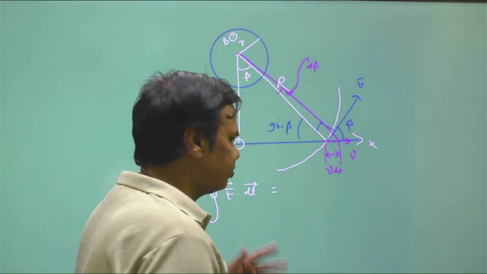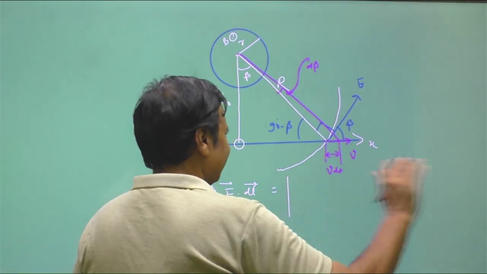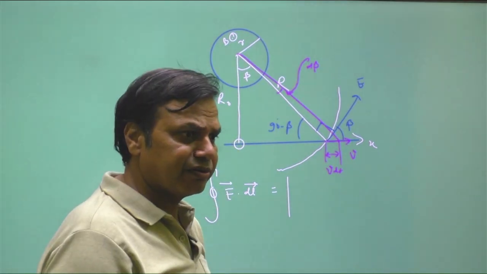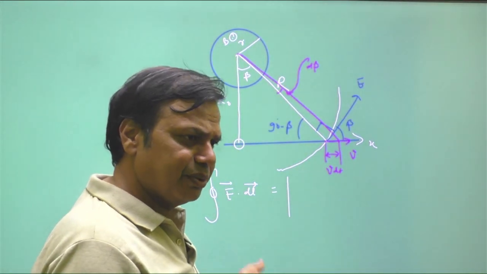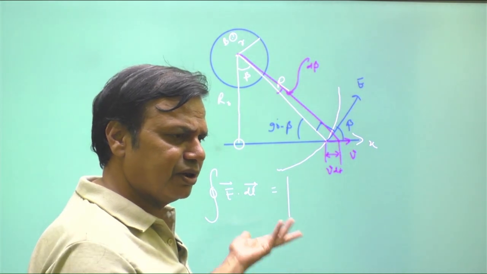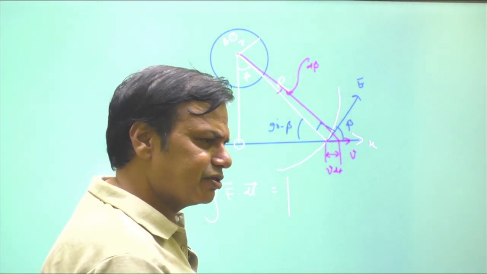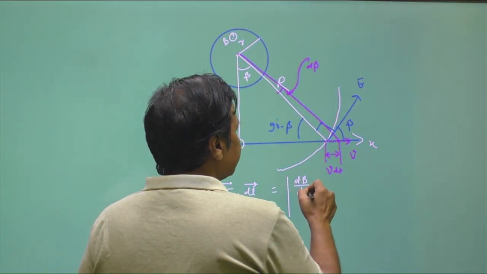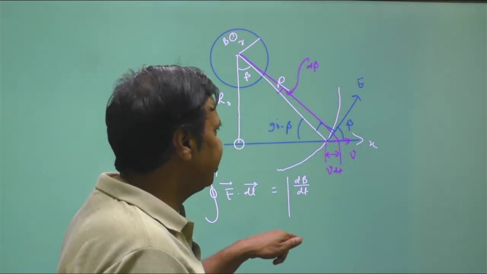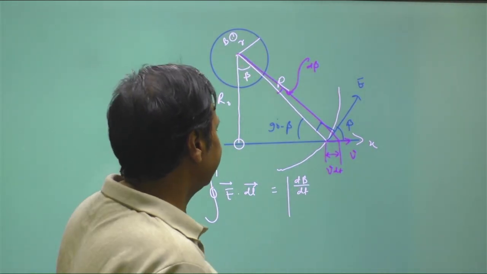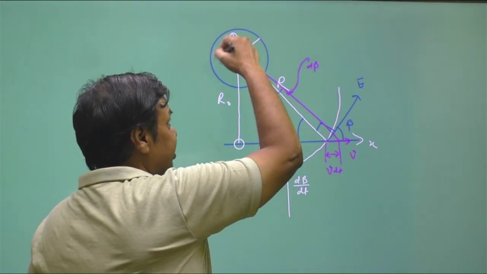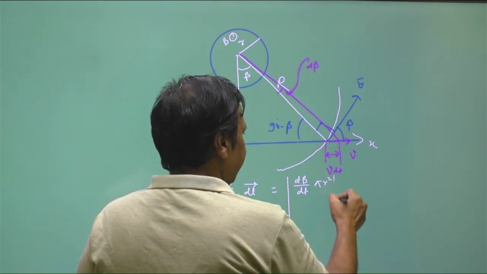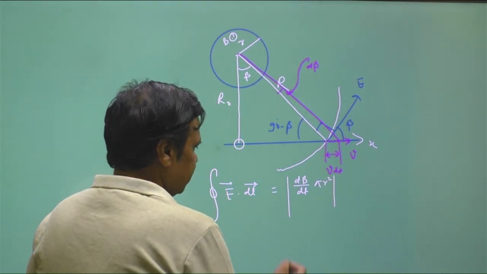So I want to find the magnitude of electric field, so I'm going to leave the minus sign, because I have provided the direction to the electric field. So if I get the magnitude of this electric field, I don't need to consider that minus sign. So the flux will be dB by dt multiplied by this area, because magnetic field is only present in this region. So pi r square.